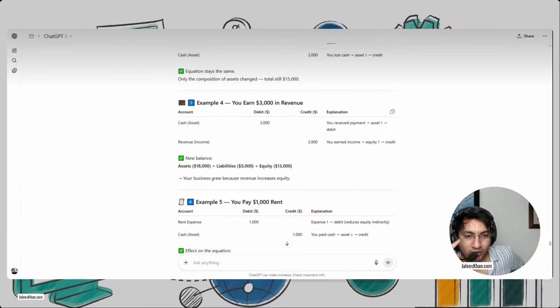Revenue comes in as income, and that income comes in the balance sheet as equity. So what's happening is that income increased. You earned income, equity increased.